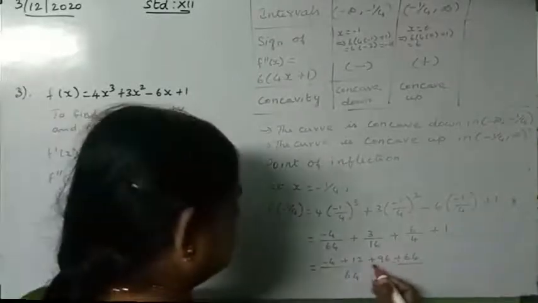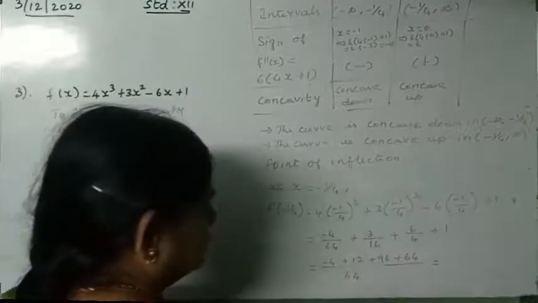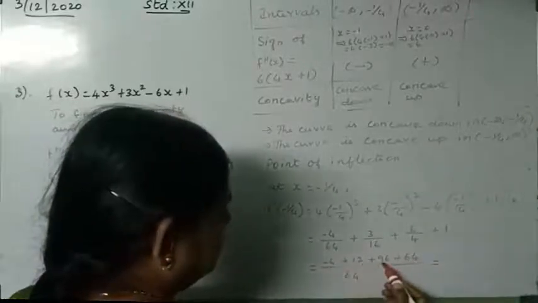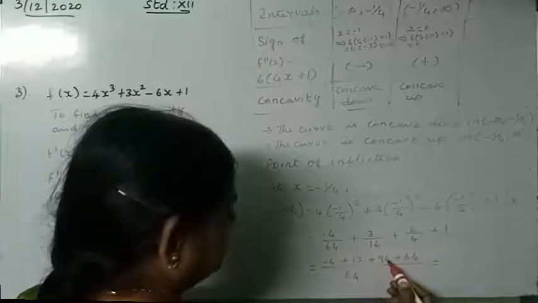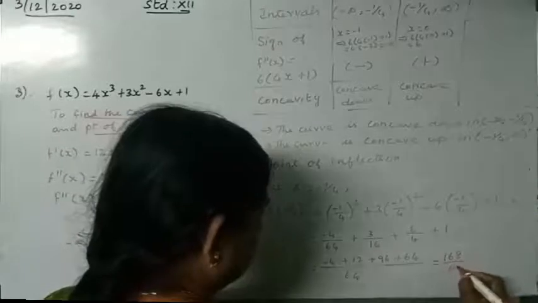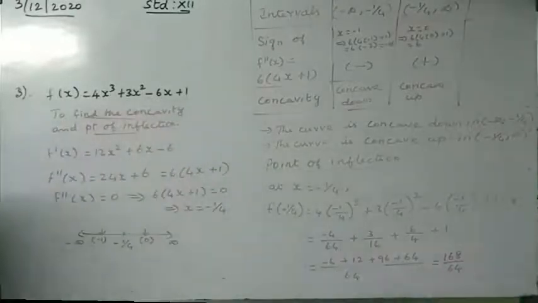Now add all these numbers. So it is 64 minus 4, 60, 72, 78, 168 by 64. So 168 by 64.